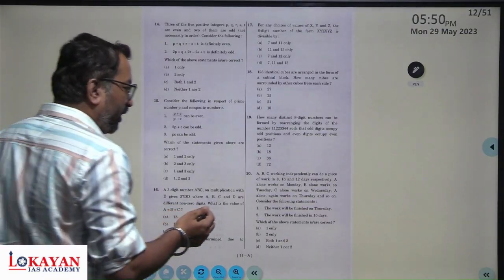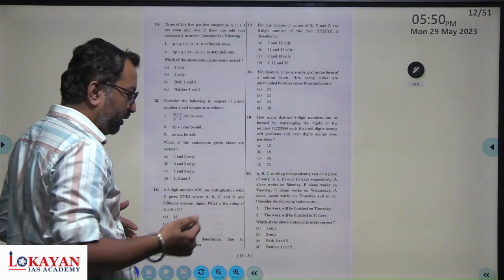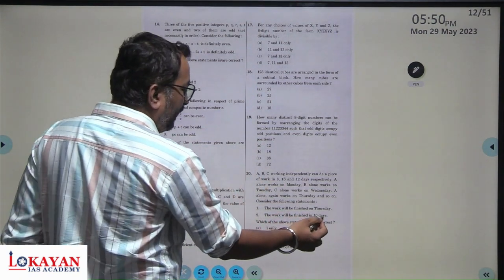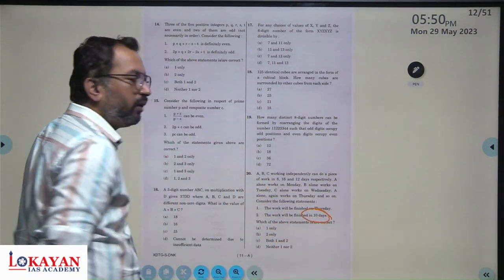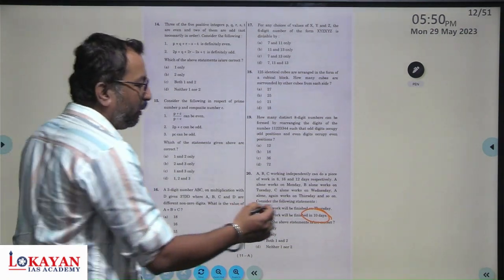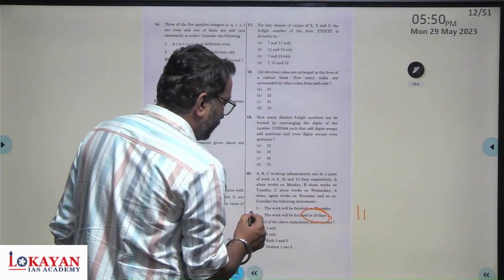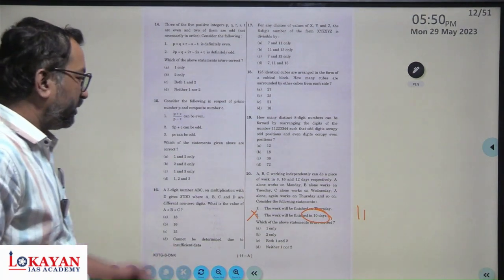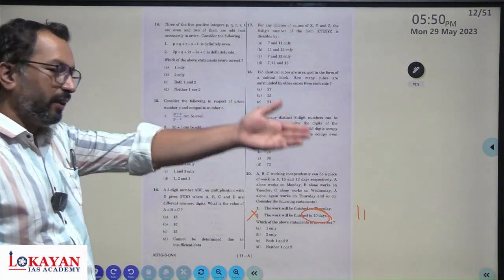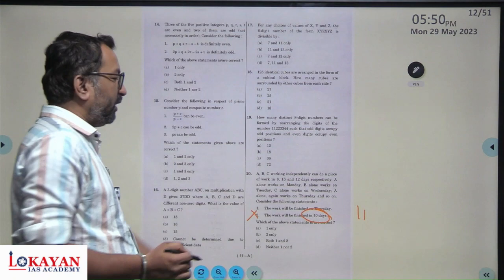First statement says the work will be finished on Thursday. Let's check that later. The second statement says the work will be finished in 10 days. No, the work is not completed in 10 days. It took 11 days. So second statement is wrong. Now let's check the first statement. The work was started on Monday.